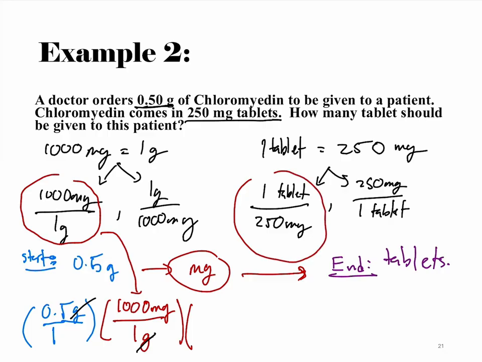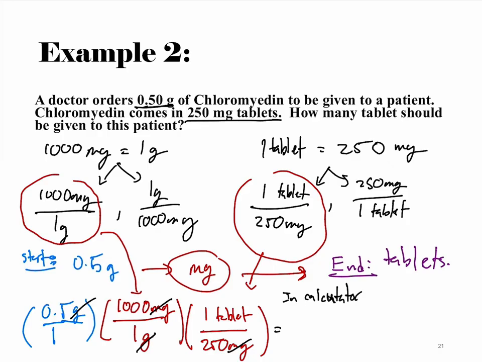So we're going to use this, 1 tablet equals 250 milligrams. And so the numbers that we put in our calculator are going to be 0.5 times 1,000 times 1 divided by 1 times 250.